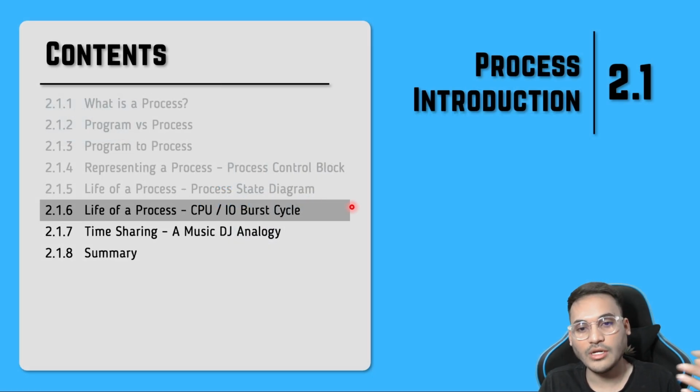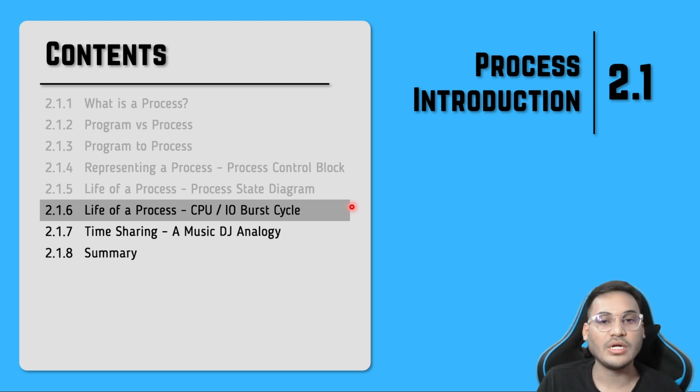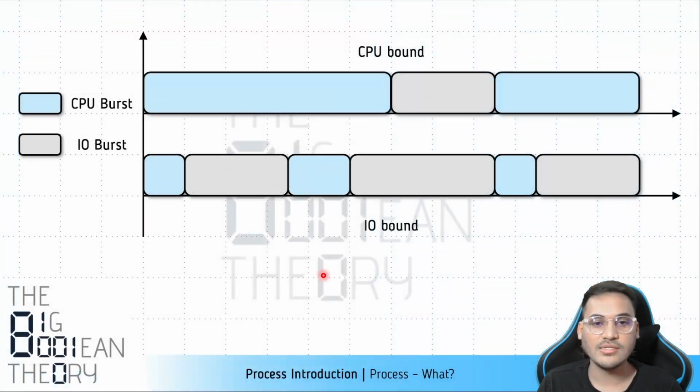Then in the next video, we shifted our attention to a certain behavior of a process. That is, a process spends its lifetime in two major activities, either doing computation on the CPU, or performing IO operations. And this behavior of the process is called the CPU IO burst cycle. So we discussed the CPU IO burst cycle.